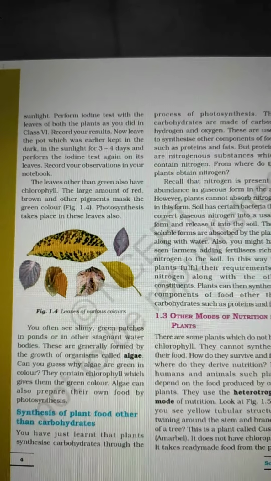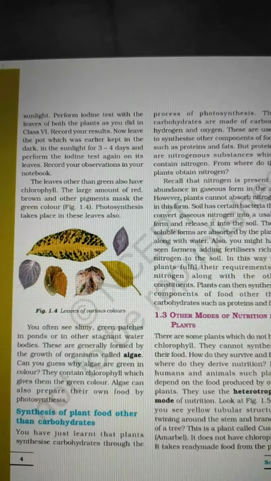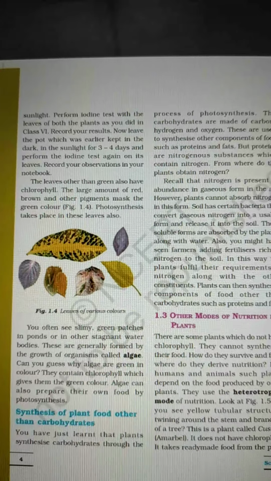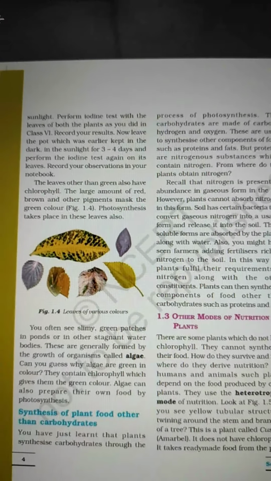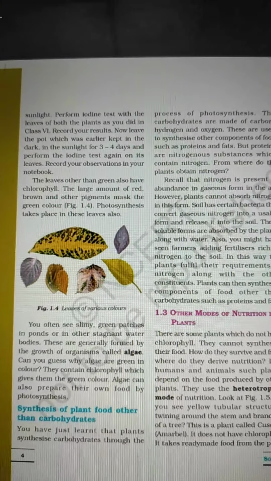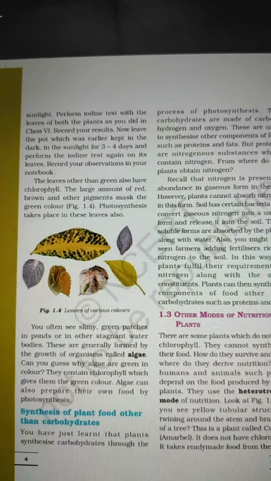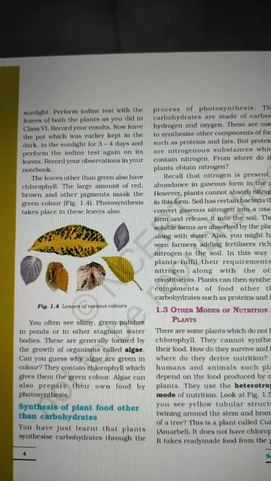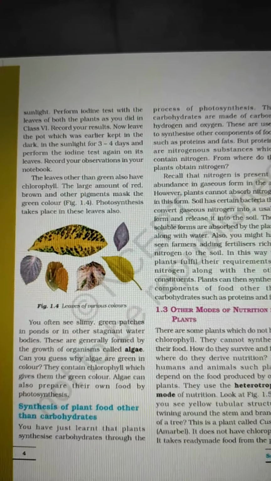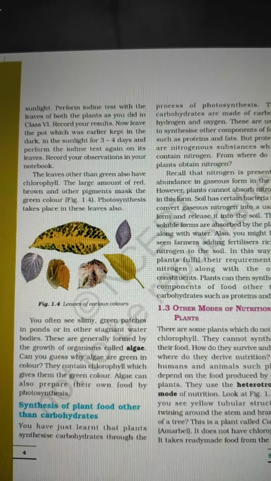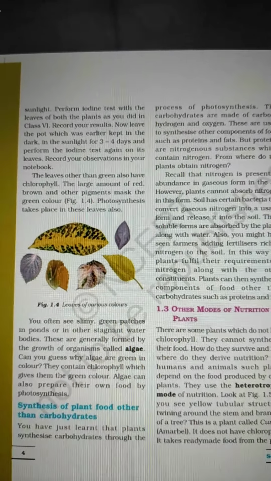So here it says that not only green leaves, but if you see a yellow color leaf or a brown color leaf, in that also the photosynthesis process goes on. You can see the yellow color and brown color leaves in figure 1.4. In those also the photosynthesis process takes place.